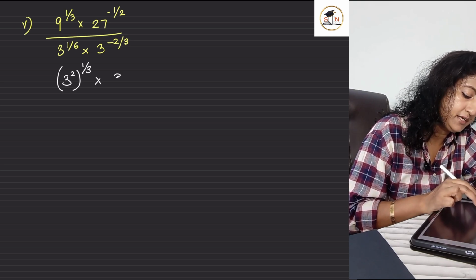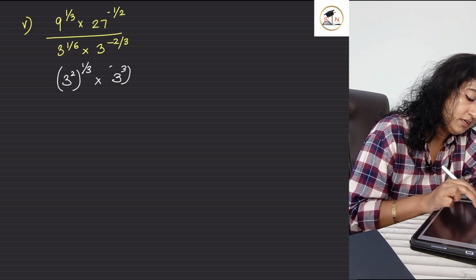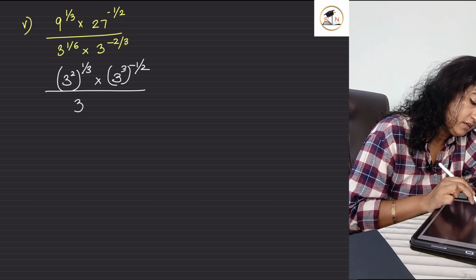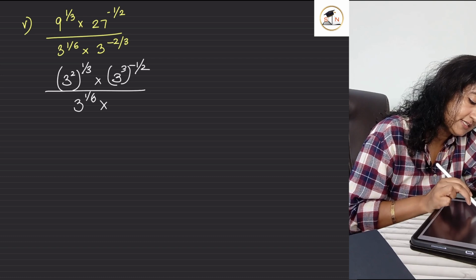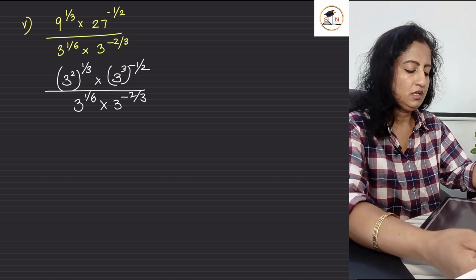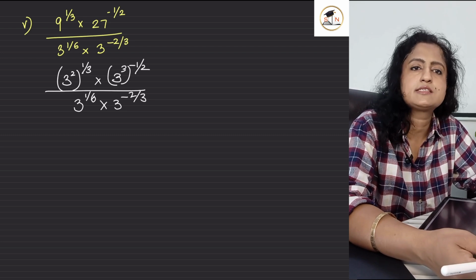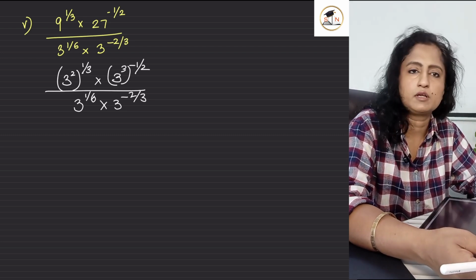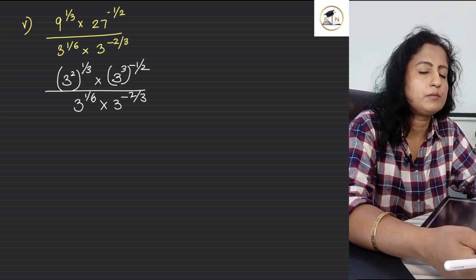Then 27 can be written as 3 cube, outside minus half. In the denominator, we have 3 to the power 1 by 6 into 3 to the power negative 2 by 3. Now at this stage, we can see that we have got the same base on top and bottom as well. So we can easily club the powers.